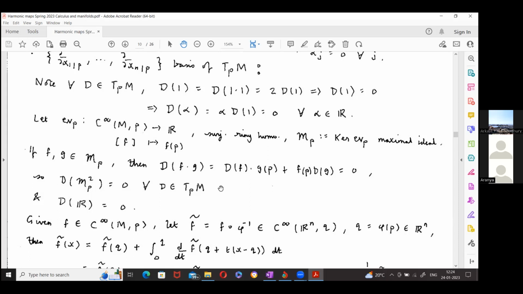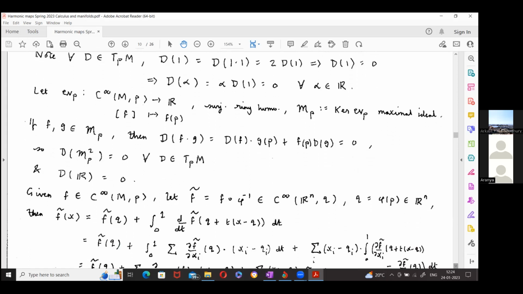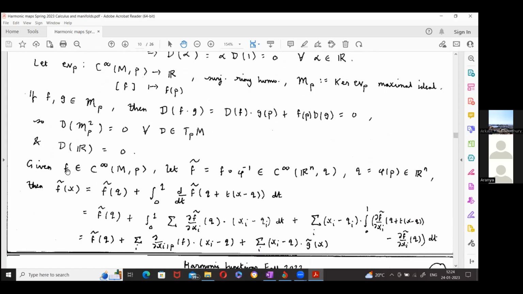Using this, now we can show that the del del x_i's span the tangent space as follows. Take a function f which is a germ of smooth function near P. Look at the corresponding function in R^n, f tilde, which is f composed with phi inverse.